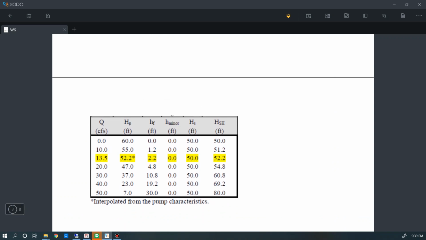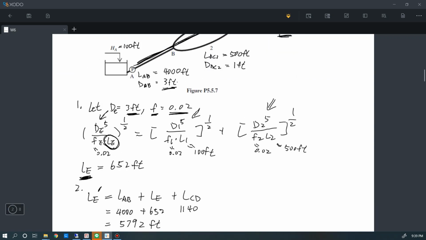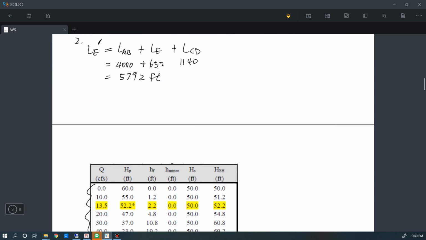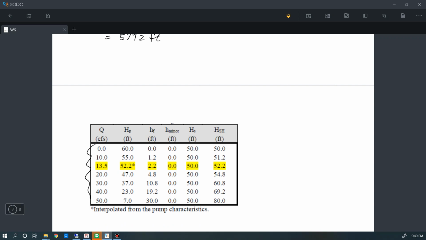Similarly to the previous question, we just copy all the flow rates from this pump characteristic table, and we calculate the corresponding head loss and the total energy that we need to transfer the water given the flow rates assigned in the first column.